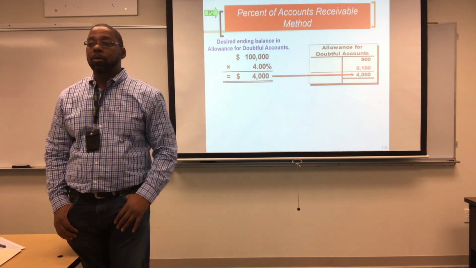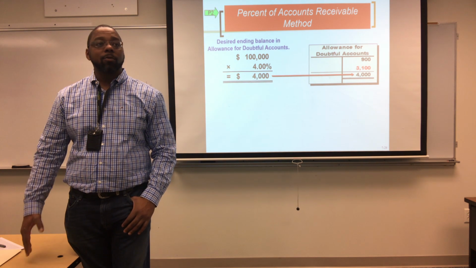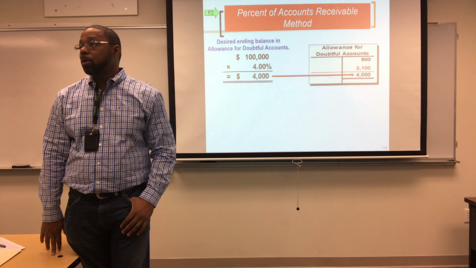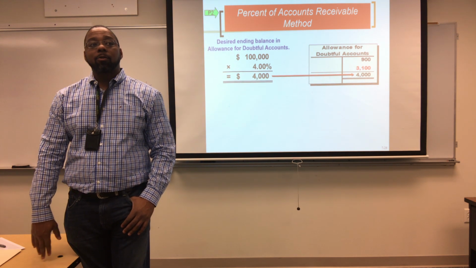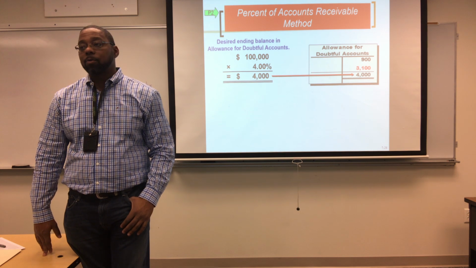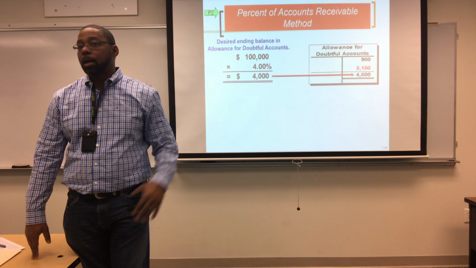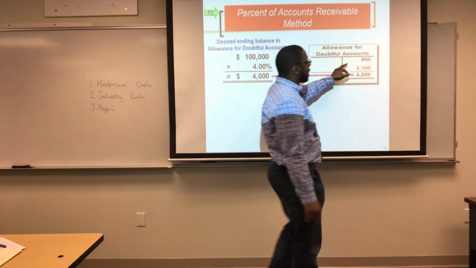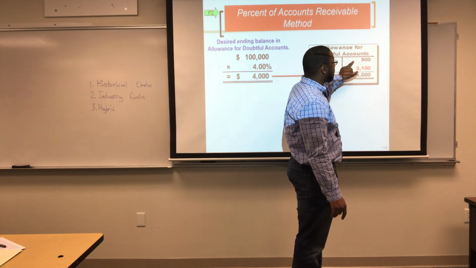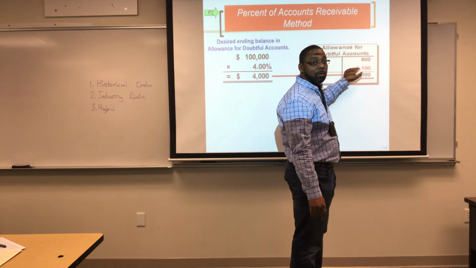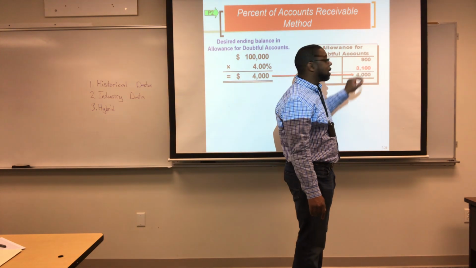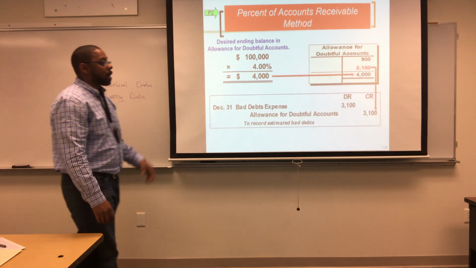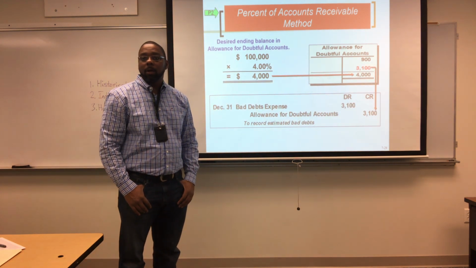For this account, it was $900. So because we start off with $900 and we want the account to have $4,000, we're not just going to debit bad debt expense and credit allowance for doubtful accounts for $4,000, like if it was percent of sales. What we're going to do is debit bad debt expense and credit allowance for doubtful accounts for the difference between the beginning and the ending balance. And that will be $3,100. Does everyone understand?